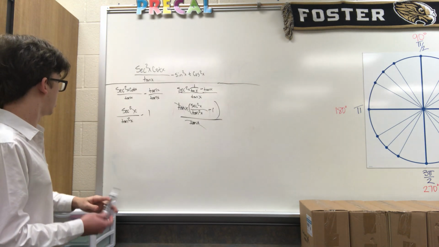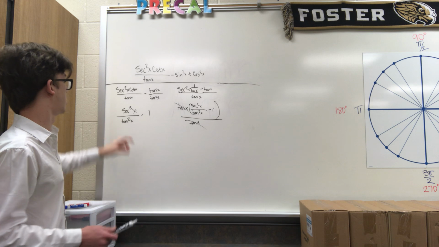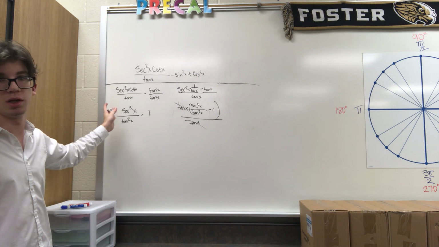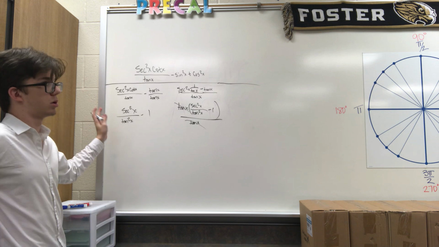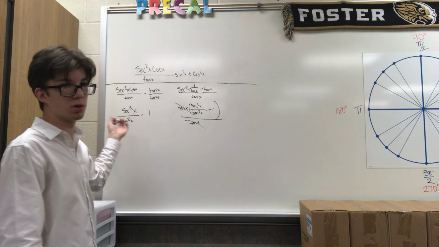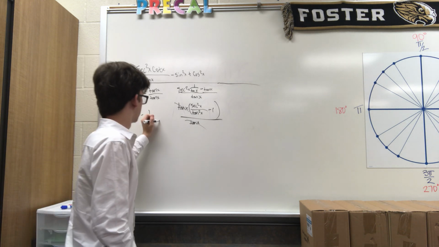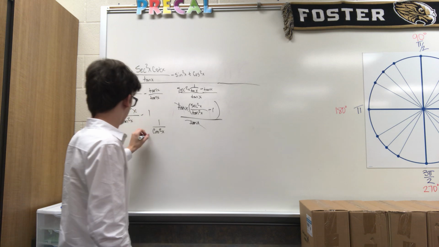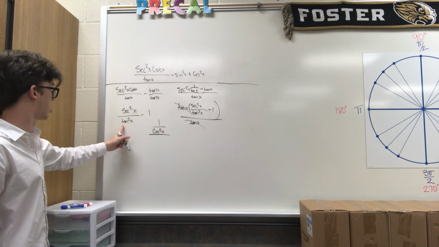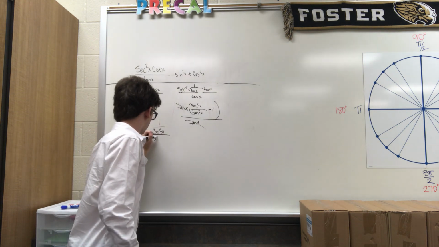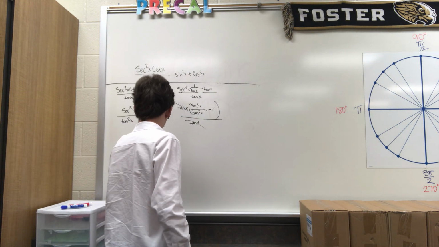And so then all we need to do is simplify this fraction, and so we will use secant squared's reciprocal identity and tangent squared's quotient identity. So secant squared's reciprocal identity is 1 over cosine squared x, and tangent squared's quotient identity is sine squared over cosine squared.